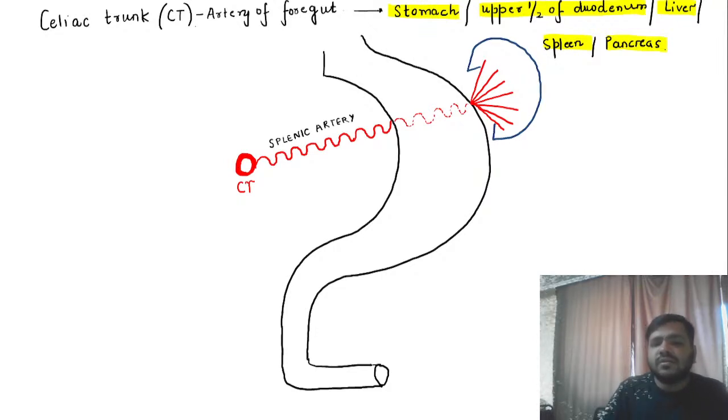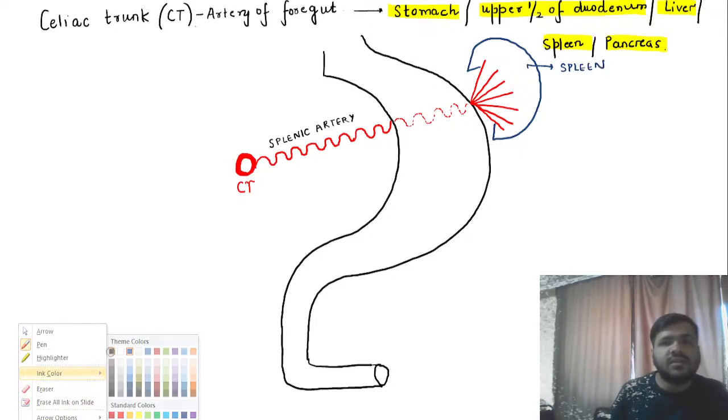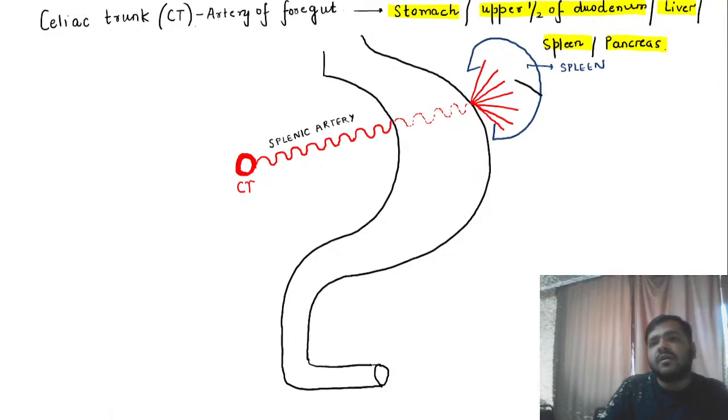The spleen is getting a direct supply from the celiac trunk, in the form of the splenic artery, which further divides into 5 to 7 branches. These branches are called the hilar branches.